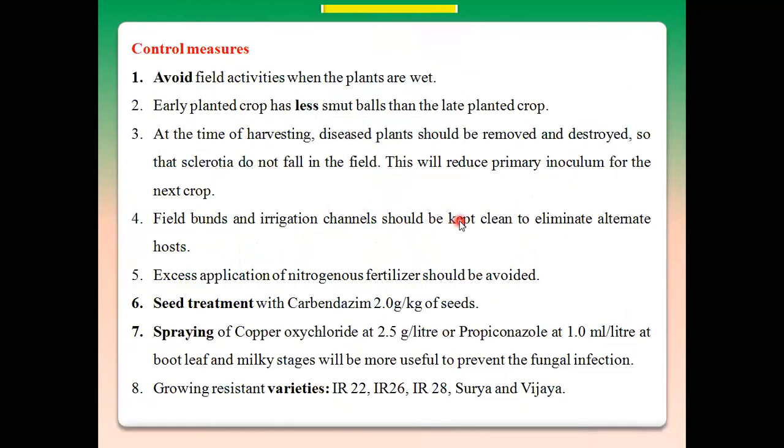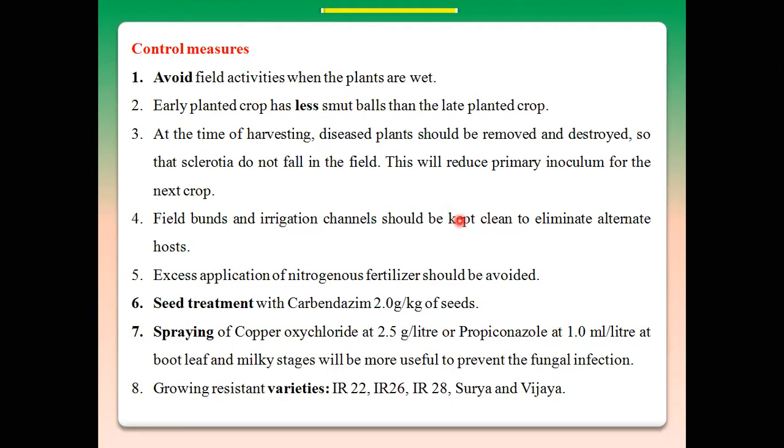Okay, and last, that is the control measures, means how to control this false smut disease in rice, because it drastically reduces the yield of the rice due to heavy infection of false smut.